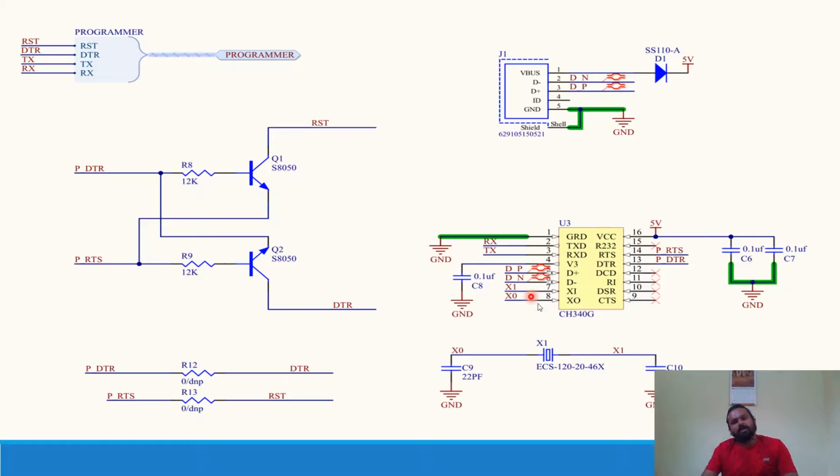And the IC connections are shown in the figure, and there are a few transistors which basically help the ESP get into programming mode and normal mode. So these are a few things regarding the board introduction, which may help you to understand.